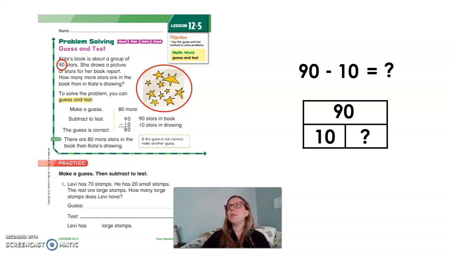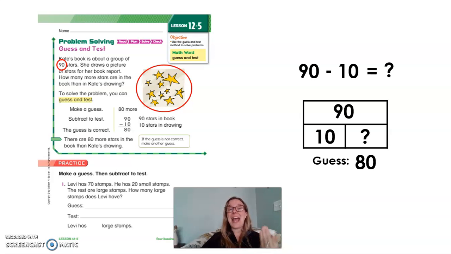The first thing I want you to do, without doing any writing or drawing or solving, is just in your mind think about the number 90 and the number 10. 90 we know is 9 tens, and 10 we know is 1 ten. So without writing anything down, if you were to make your best guess as to what that answer would be, what would your guess be? I guessed 80. If you guessed 80 as well, great guess. If you guessed 70 or 60 or something close to 80, that's fine too.